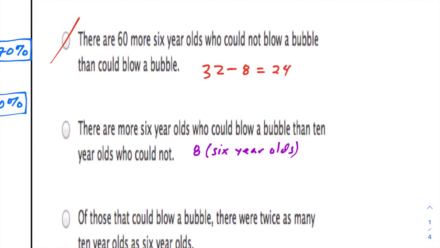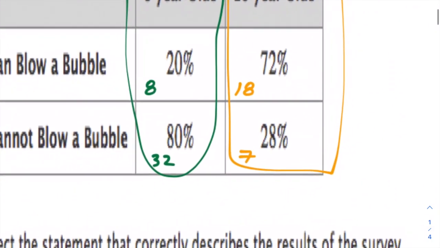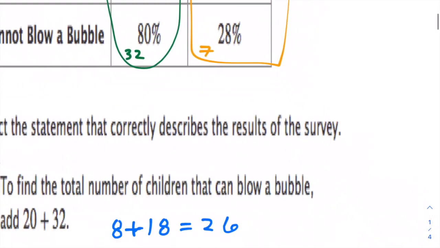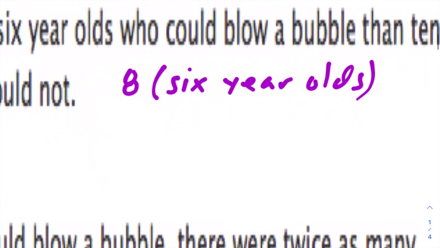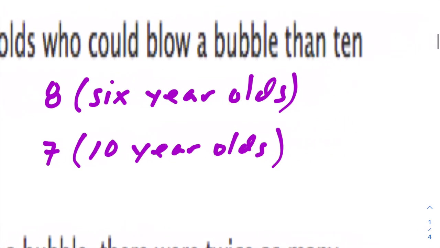And then it says there are more 6-year-olds who could blow a bubble than 10-year-olds who could not. All right, so let's take a look at the 10-year-olds who cannot. The 10-year-olds that cannot are 7. You can see that right there. So there are 7 10-year-olds who cannot.